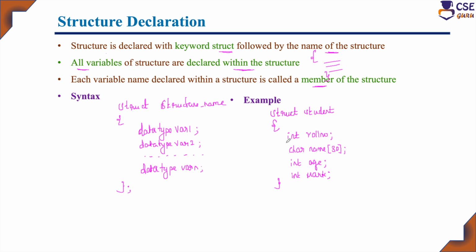Likewise, we can store different data elements. You can even add a float, and it should end with a semicolon. So this is the example.